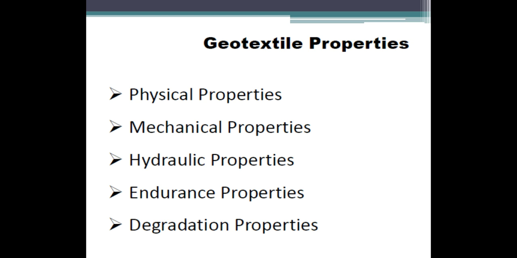Degradation is when the geotextile or any geosynthetic material is exposed to a hazardous environment, like chemicals, an offshore environment, or sunlight, so that it should not degrade with time.